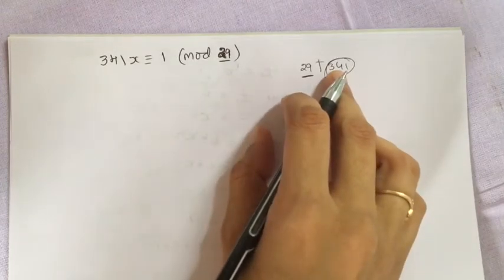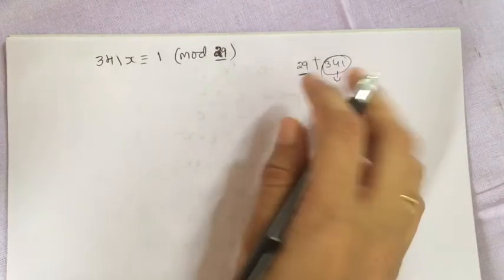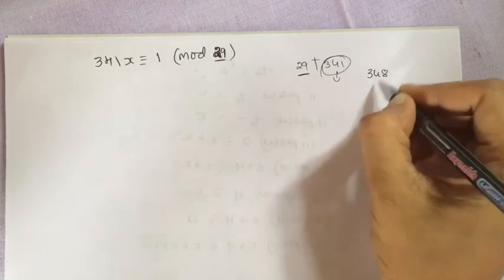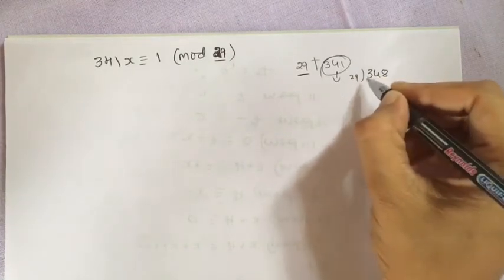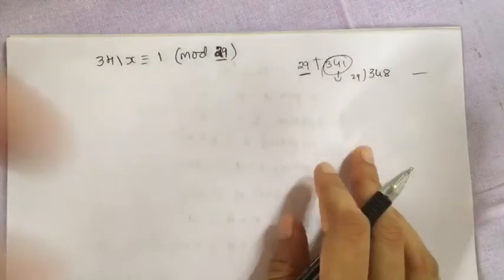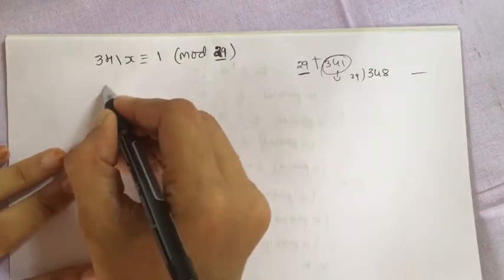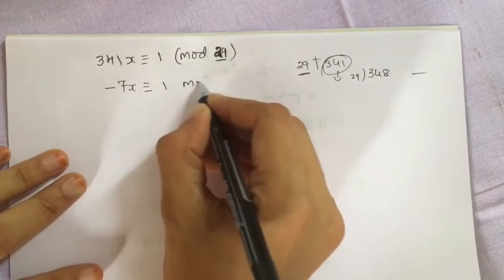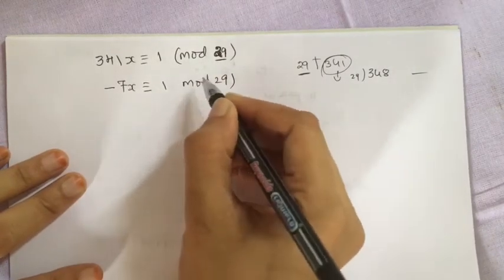If I add 7, then it is 348, and 348 divides by 29, I guess. So I can reduce this as 7x congruent to 1 mod 29.